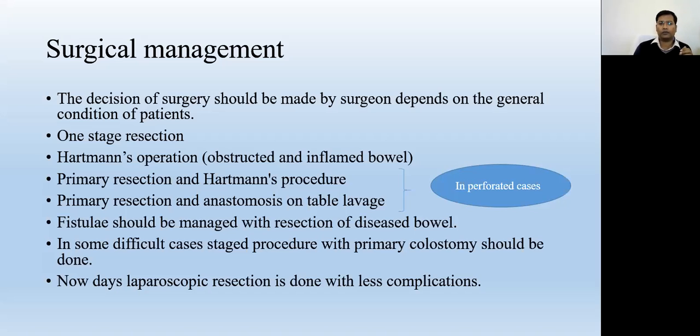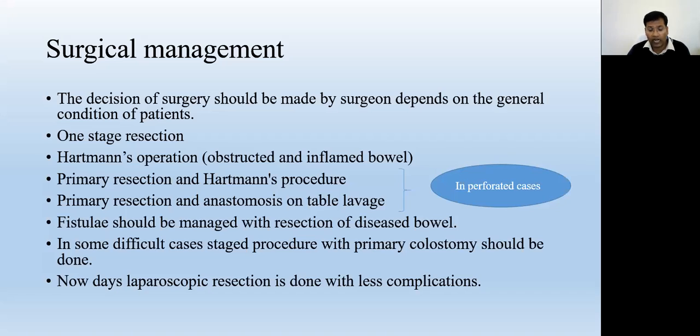So this Hartmann procedure is advised in cases of obstructed bowel or inflamed bowel, in acute colonic diverticulosis, and in the other case where any mass is there in the colon and you need to resect that part of the bowel.